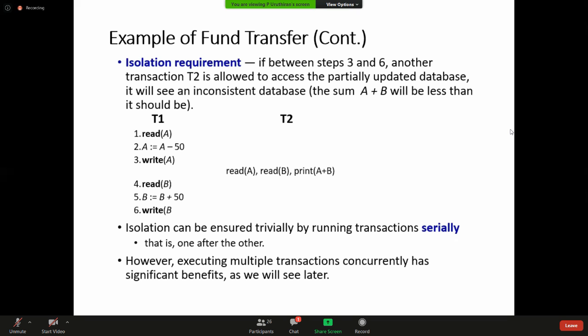At a specific time, only one transaction is allowed for the particular data item. That's the isolation requirement, the concurrency control. We are going to study it in the next chapter, concurrency control.